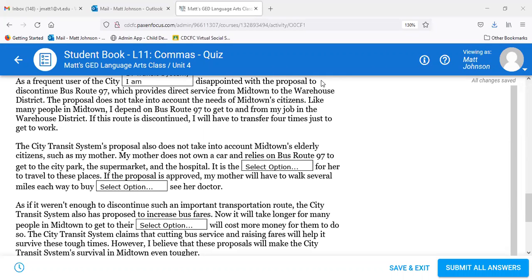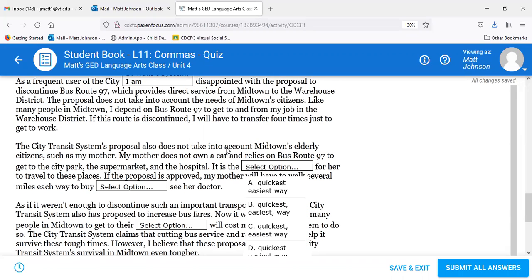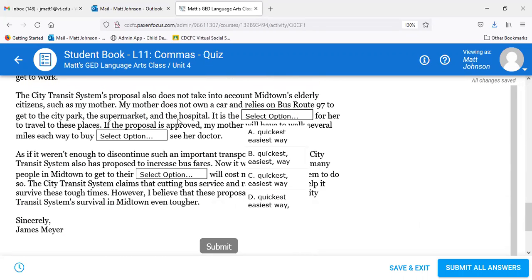My mother does not own a car and relies on bus route 97 to get to the city park, the supermarket, and the hospital. It is the quickest, easiest way. Where's our comma there?